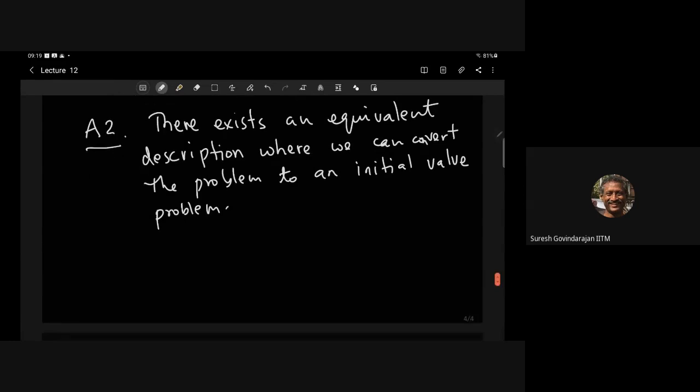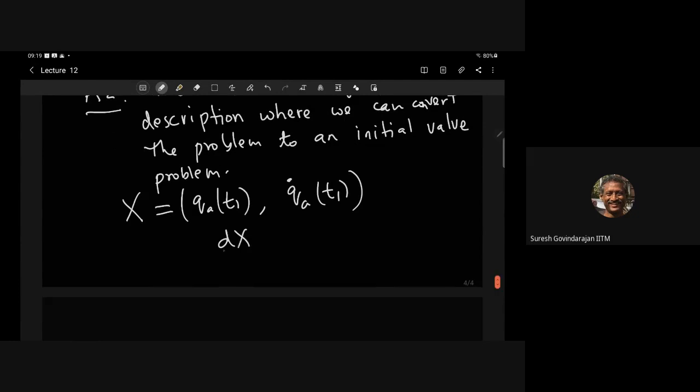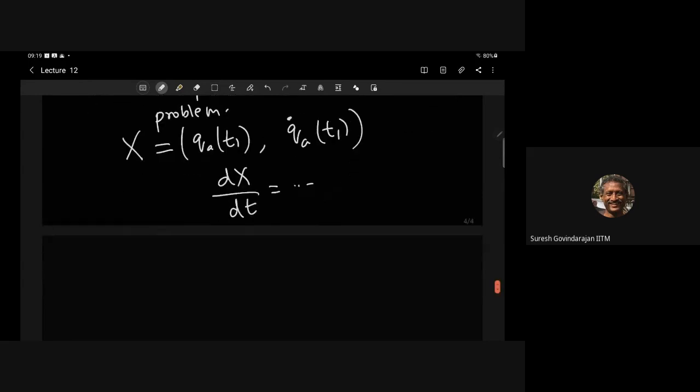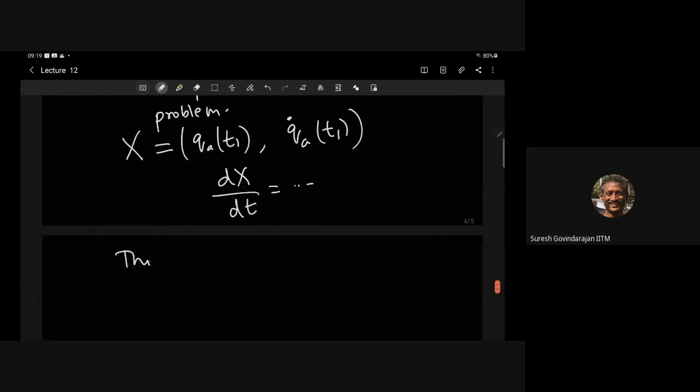The initial values will be: you give me all the q^a at some initial time, but you also give the q^a dots, or the momenta. You specify this. So this will be like your x now, and we'll have some equation which will look like dx/dt equal to something. This description will not have this ambiguity.